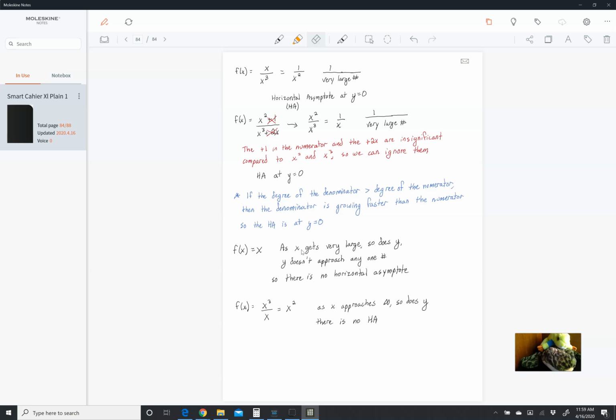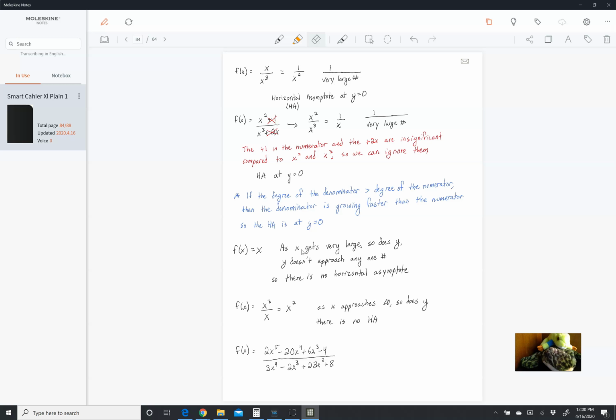Okay. Now we have another possibility. We have f of x is equal to 2x to the 5th minus 20x to the 4th plus 6x cubed minus 4 over 3x to the 4th minus 2x to the 5th, x to the 3rd plus 23x squared plus 8.